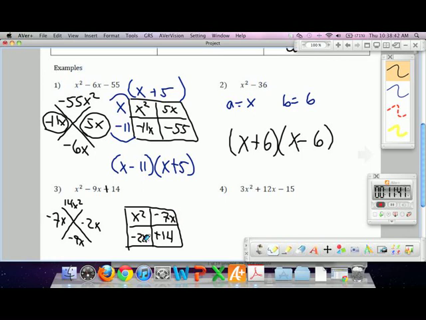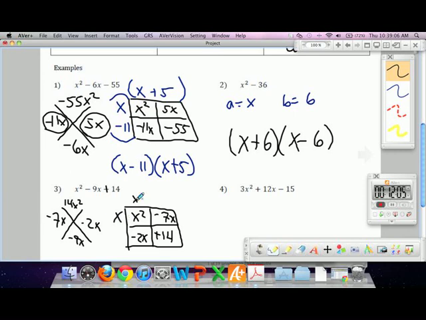So let's find what's in common. In common between x squared and negative 7x is x. This is an example of one that can get kind of messy. If you have a negative and then a positive, you've got to be careful here.